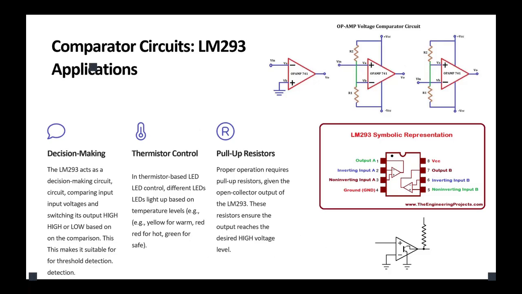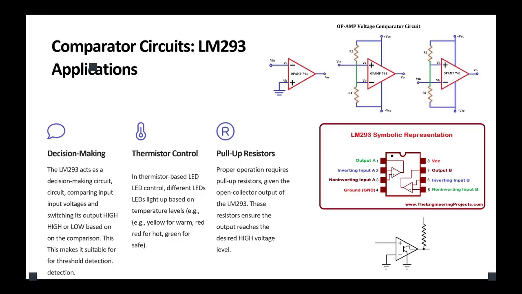A comparator compares the two voltages, one on each of the inputs, and it spits out either a high or low signal depending on which one is greater. How it works is that you connect one voltage to the non-inverting input and another one to the inverting input.